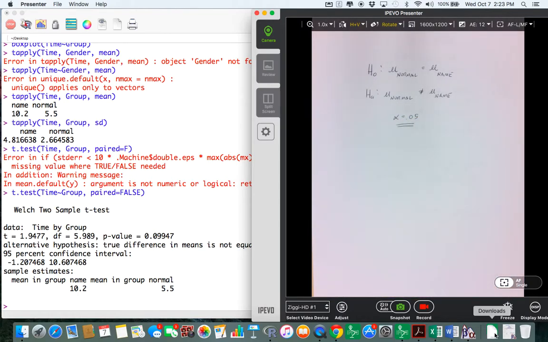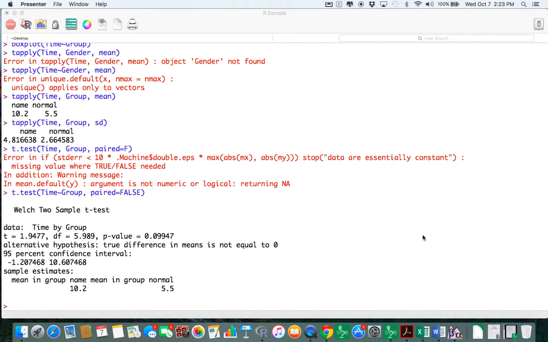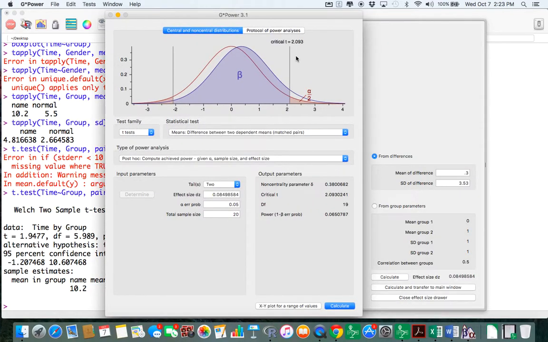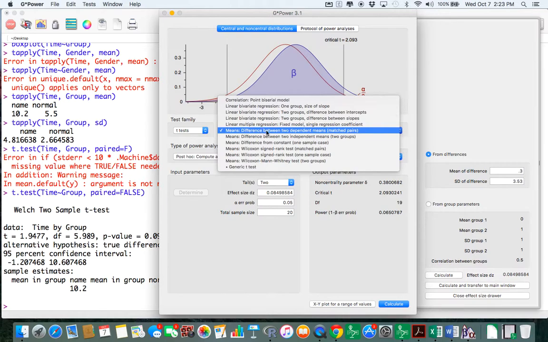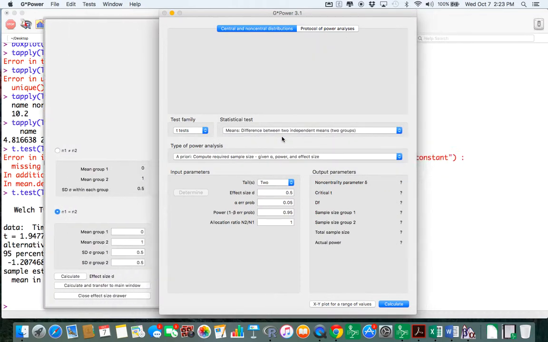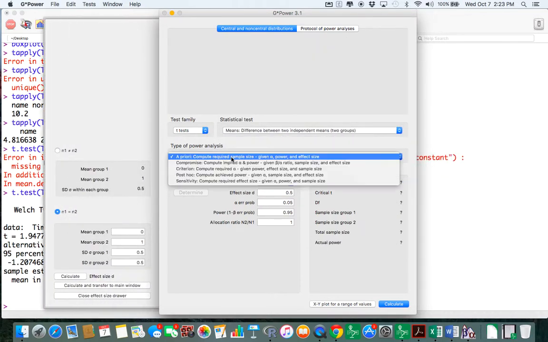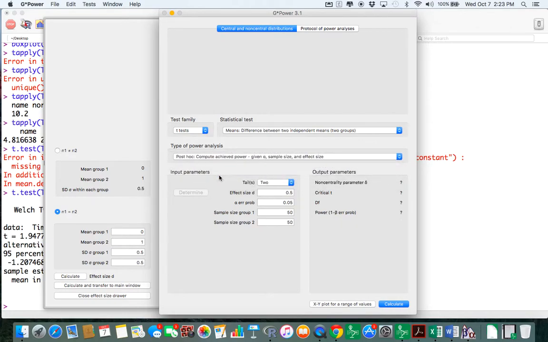Now, we don't have to calculate a mean difference here, so let's just go ahead and calculate the effect size. So what we're going to do is run a t-test, but this time we're doing an independent one because we have different kids. And I want to run a post hoc achieve power. Two-tail, effect size.